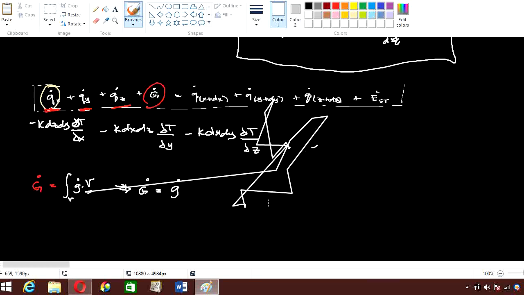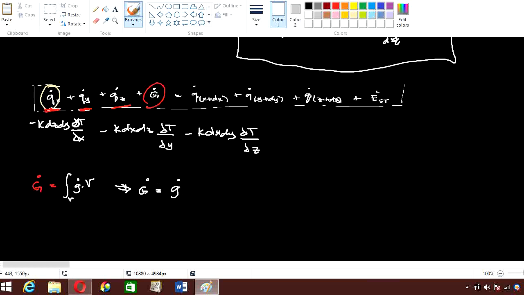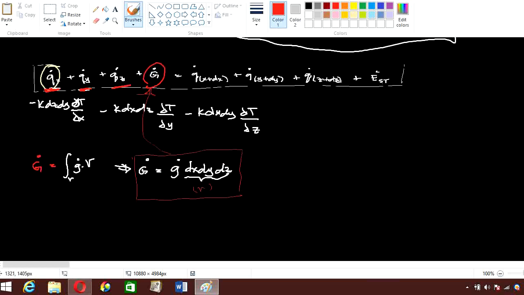So instead of writing this V, you can also write dx, dy, and dz. This is our V, right? So we will use this expression to substitute here in our general equation.